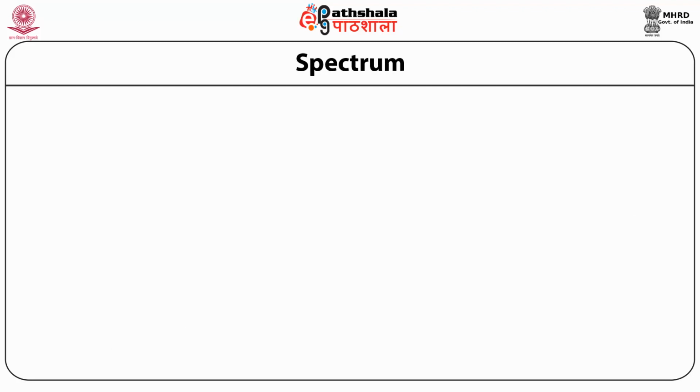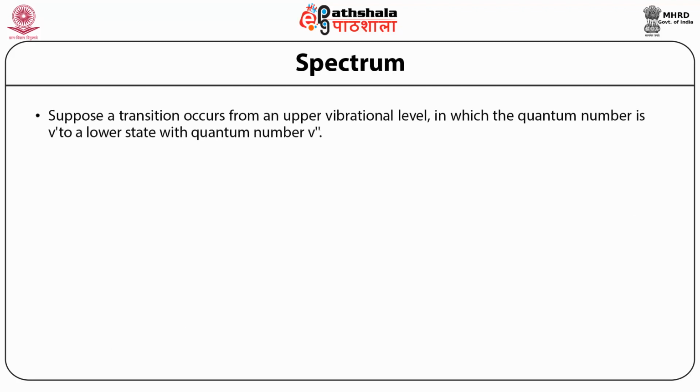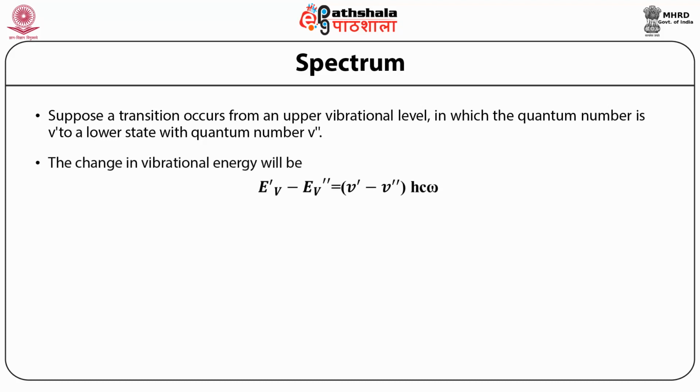If we talk about the spectrum, suppose a transition occurs from an upper vibrational level with quantum number ν' to a lower state with quantum number ν''. The change in vibrational energy will be E_ν' − E_ν'' = (ν' − ν'')hcω.